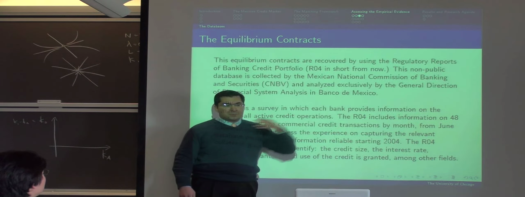The government ordered each of the banks to report 48 variables for each credit transaction held at the market.